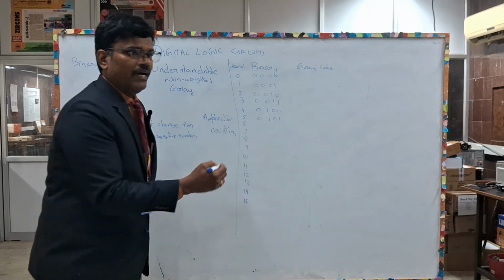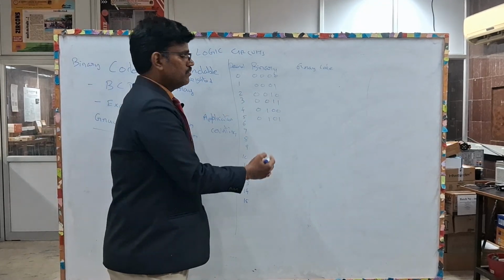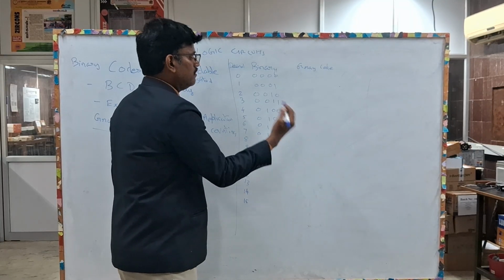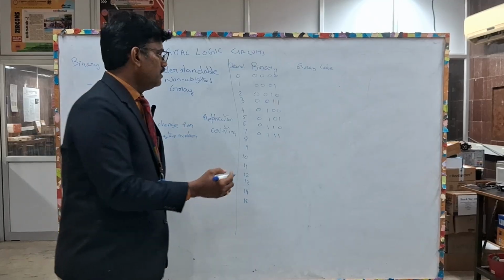Binary is weighted. But for an understandable format for the counting value, we need only a 1-bit change.